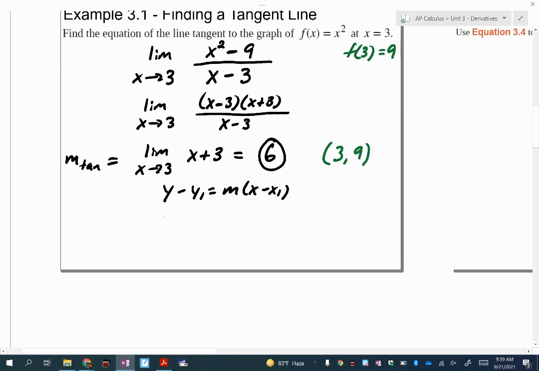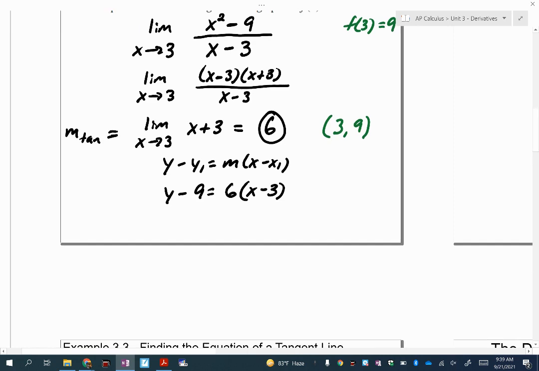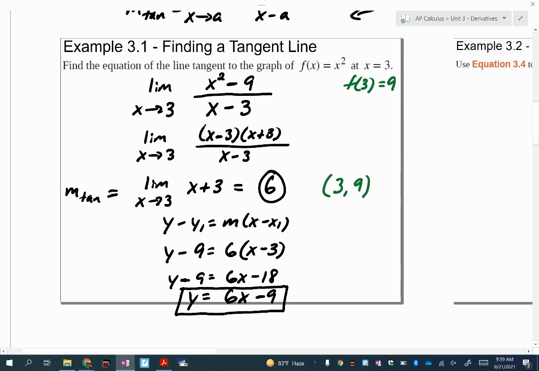So it's going to be y minus 9 equals 6 times x minus 3. Distribute the 6, and then move the 9 over with addition. So the answer for the equation of the line that's tangent to this curve, f of x equals x squared at x equals 3, is 6x minus 9.